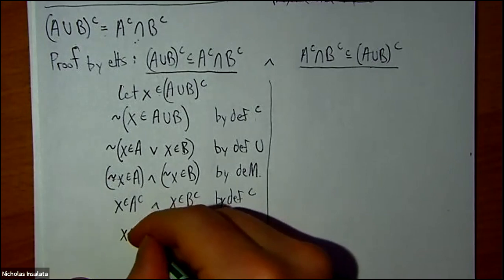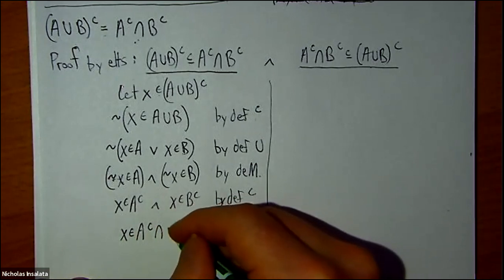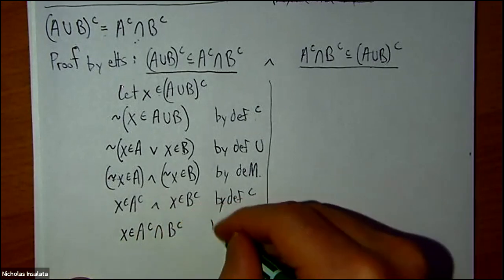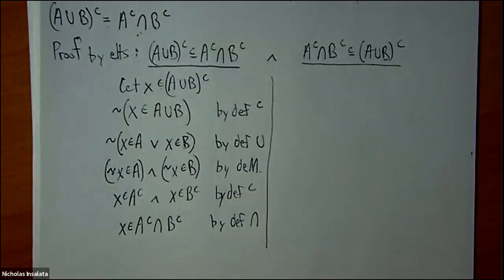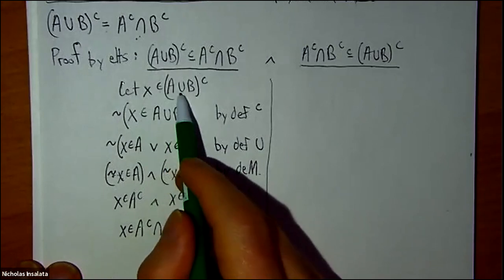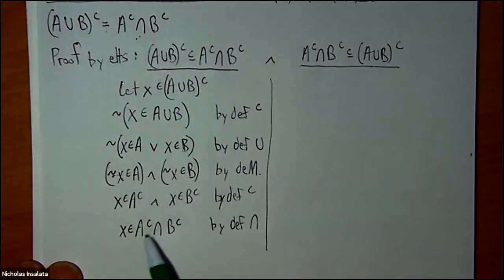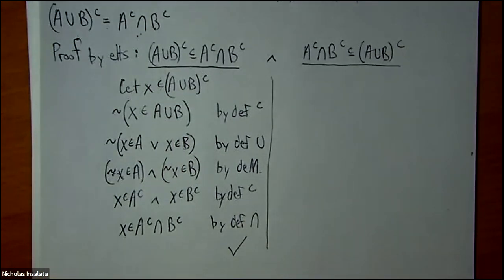So x is an element of A complement intersect B complement by definition of intersection. I started off with x is an element of (A union B) complement, and I've finished by saying that if that's true, then x must be an element of A complement intersect B complement, which proves what I was trying to show.